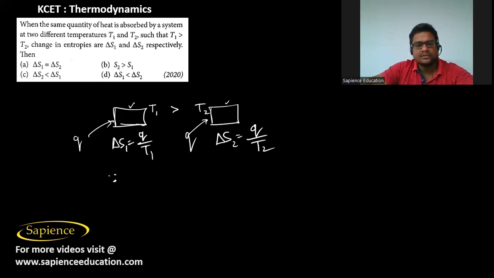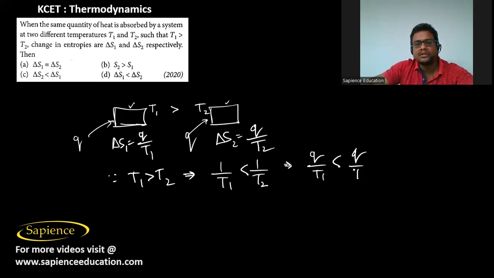Now since T1 is more than T2, I can say that 1 by T1 will obviously be less than 1 by T2. So it means Q by T1 will obviously be less than Q by T2, since Q is the same amount of heat that is absorbed by the system.